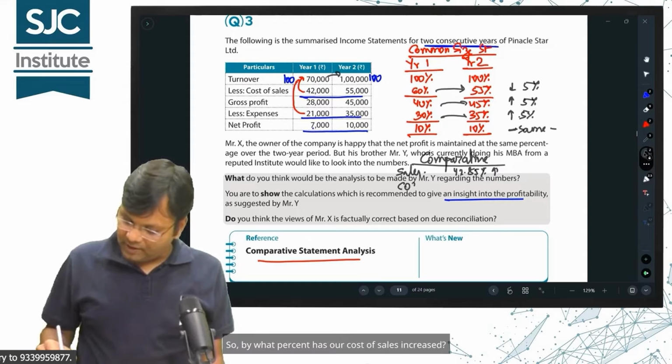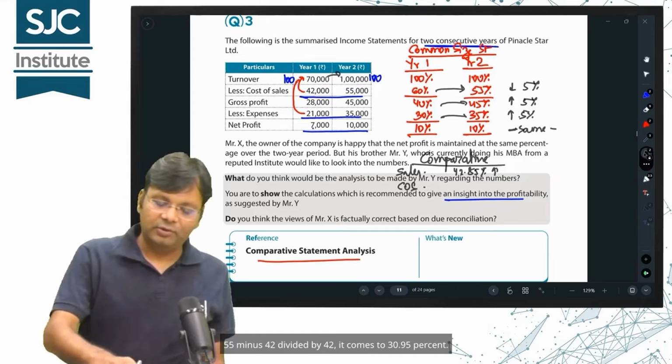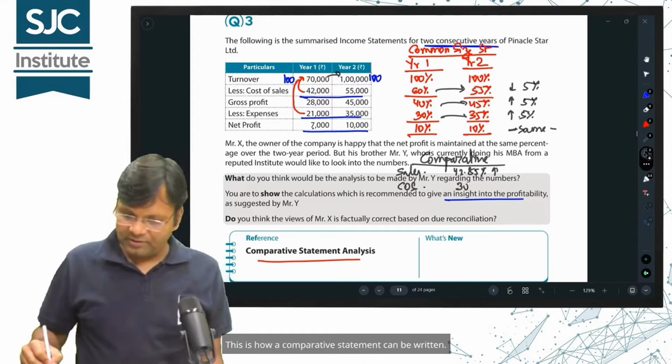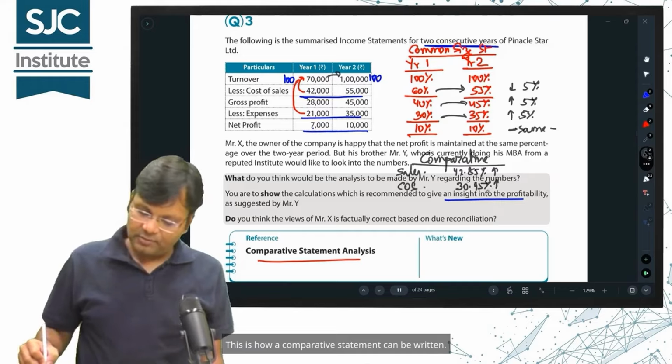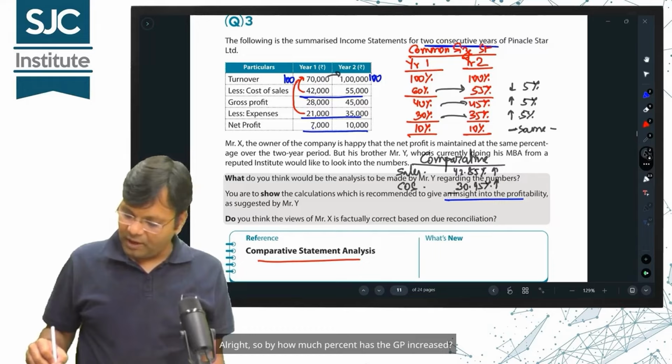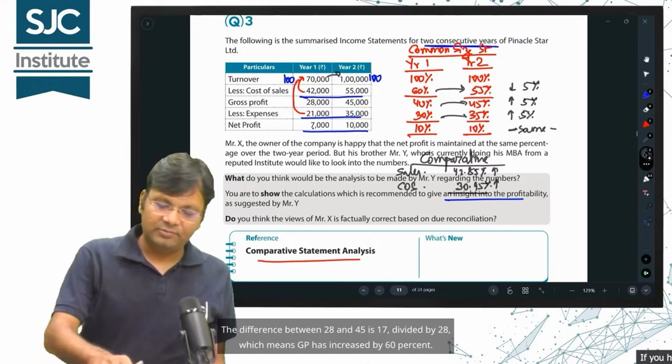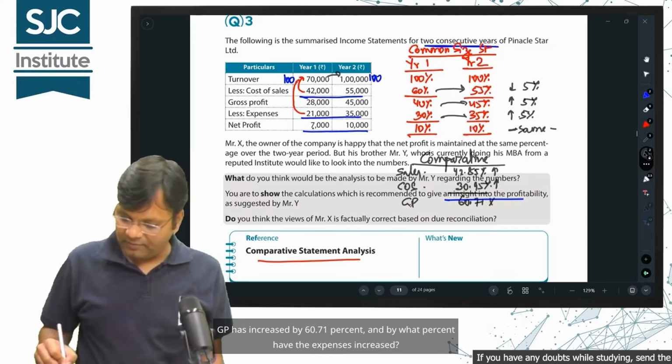So, by what percent has our cost of sales increased? 55 minus 42 divided by 42, it comes to 30.95%. This is how a comparative statement can be written. Alright, so by how much percent has the GP increased? The difference between 28 and 45 is 17 divided by 28, which means GP has increased by 60.71%.